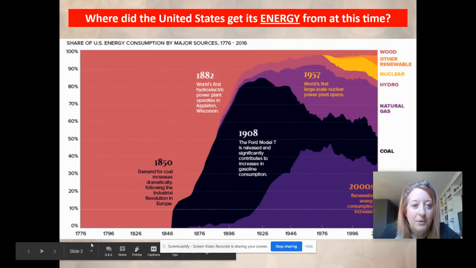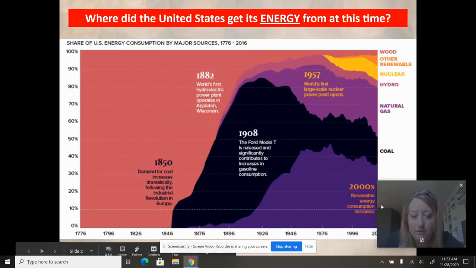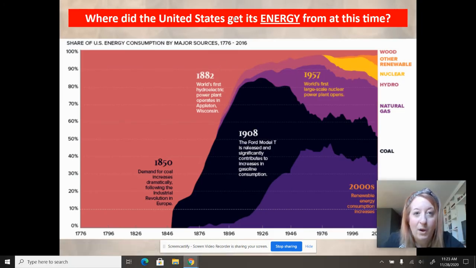Okay. So as you guys can see here, one of the things I want to start with is where we get our energy from. So we usually define energy as something that either powers things, moves things, or heats things. And as you guys can see, for a large chunk of early American history, power essentially came from wood.